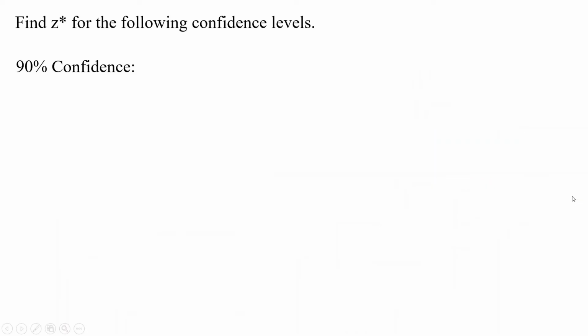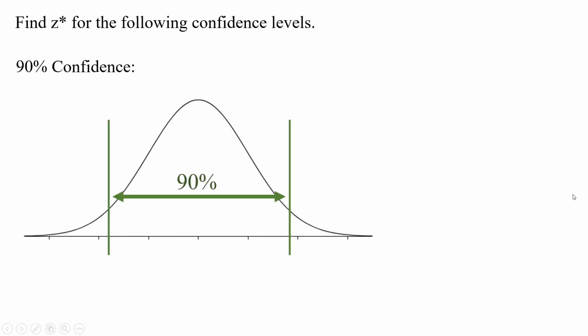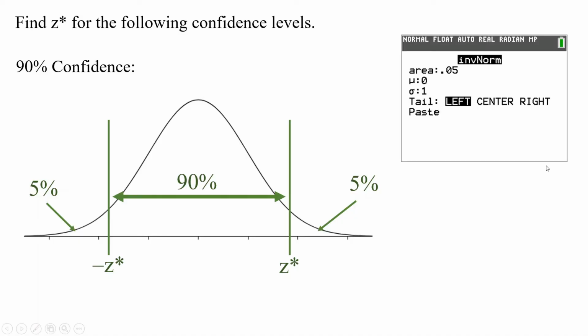So let's say we want to be 90% confident. 90% confident is 90% in the middle between a negative Z star and a positive Z star. So that's 5% in each tail. Okay. So on our calculator, we can do inverse norm. I like doing 0.05, always 0, 1.